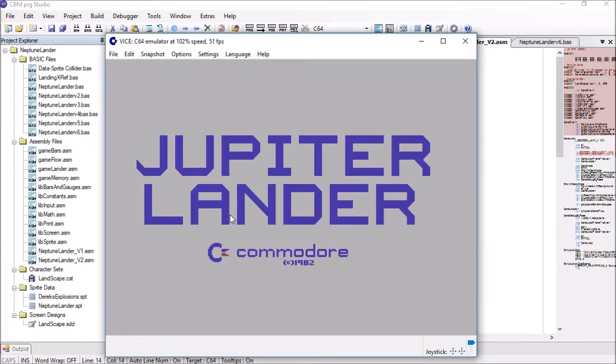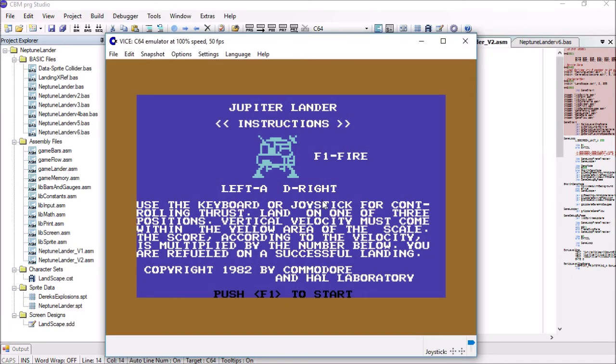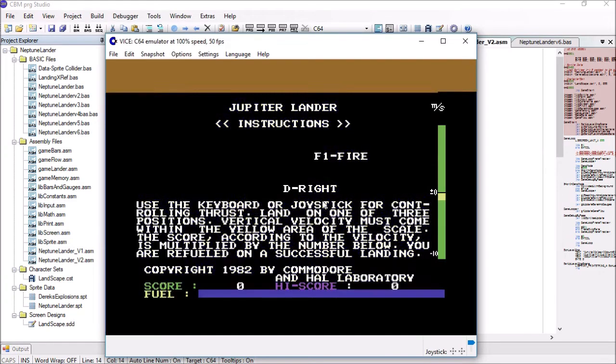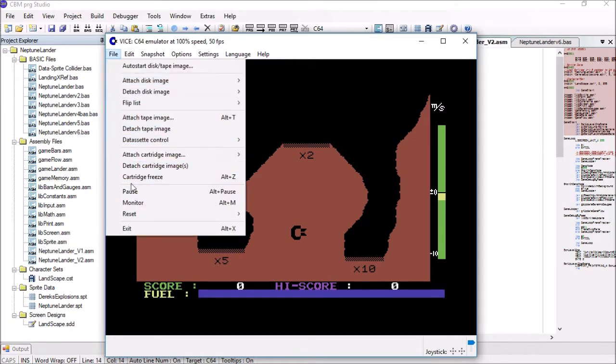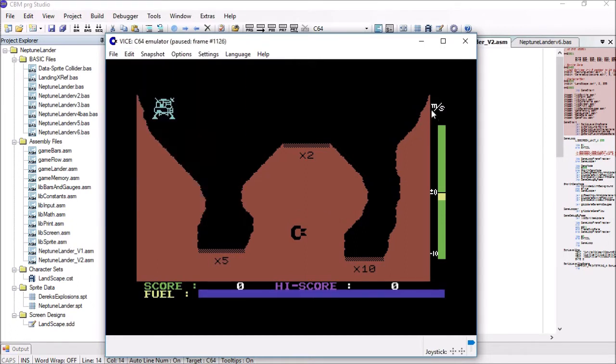Right, so let's see what this does. So A and D, F1 fire. Okay. Now this won't go off the sides because, let's just pause it for a sec, they've gone all the way up on this side, look.